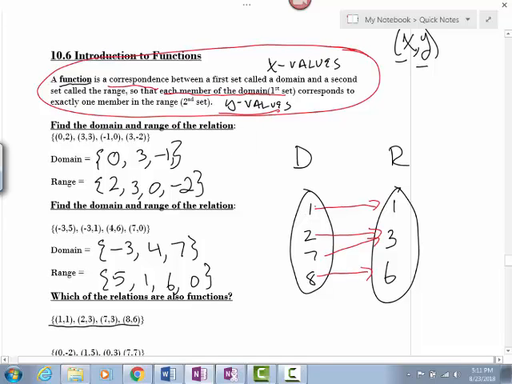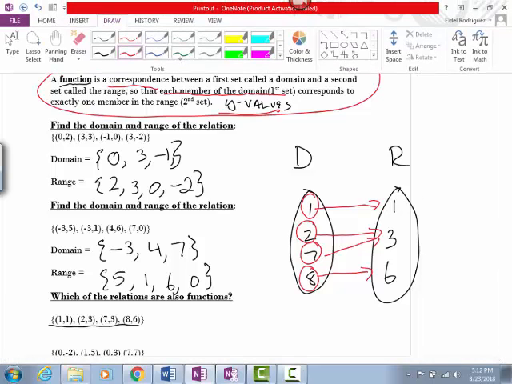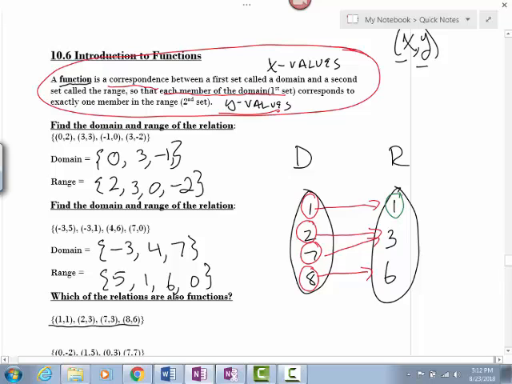And the question I'm going to ask myself is, does everybody here get paired up with exactly one number over here? Okay. Well, 1 goes exactly to one number, it goes to 1. 2 goes exactly to one number, it goes to 3. 7 goes to exactly one number, it also goes to 3. And 8 goes to one number, it goes to 6.